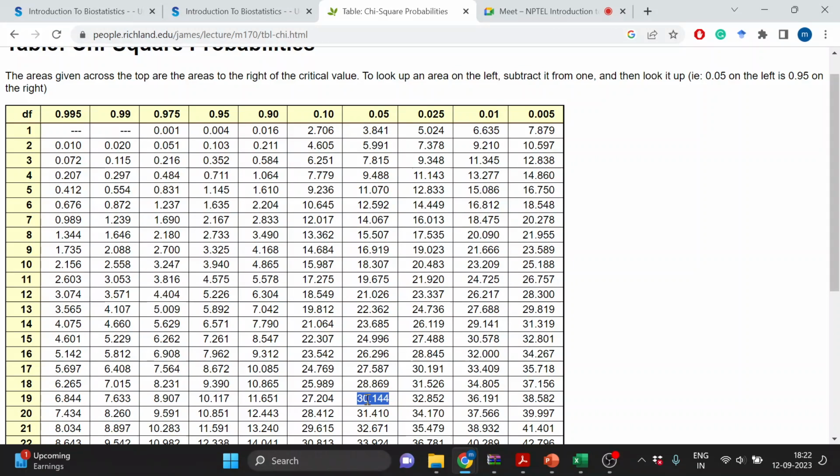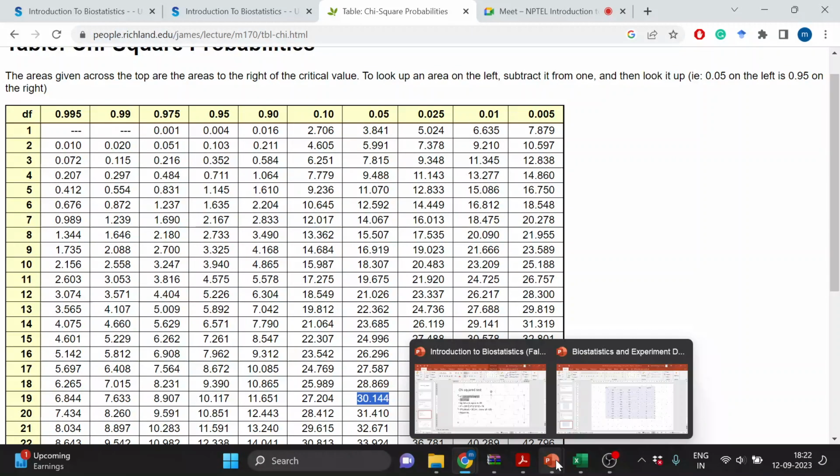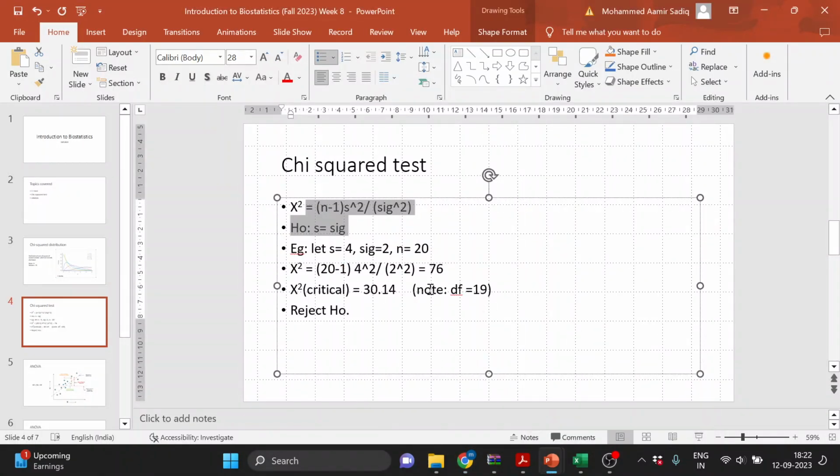So my value has to be greater than 30.144 for the test to be significant. What is our chi-square value? 76. That's much greater than 30.14. So you reject the null hypothesis that s and sigma are the same. Here you say that your sample variance is different from your population variance.